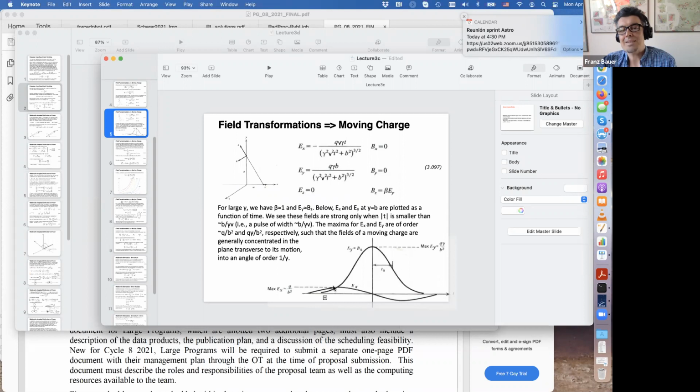And again, the maximum, as you say, this is going to be smaller than this by a factor of gamma. And so for highly relativistic cases, you can pretty much just focus on this one. It will dominate, and it simplifies things quite a bit.